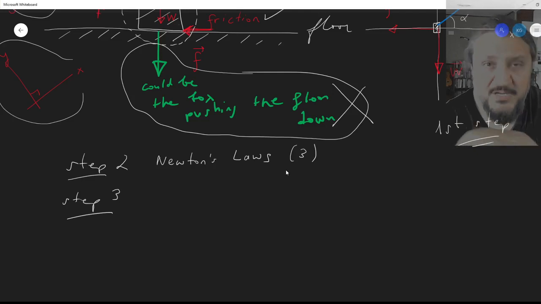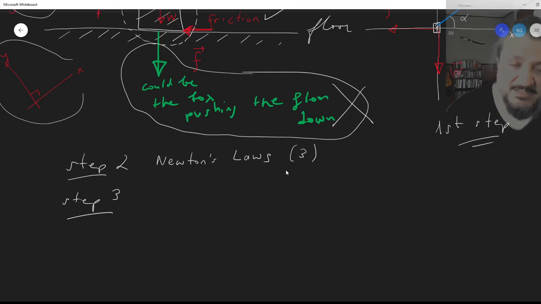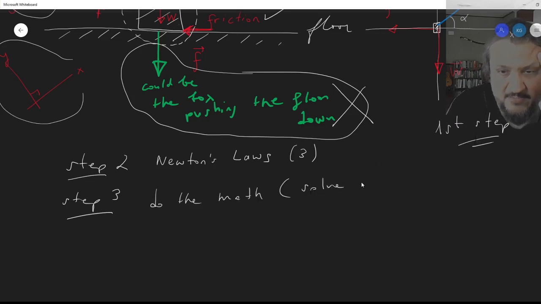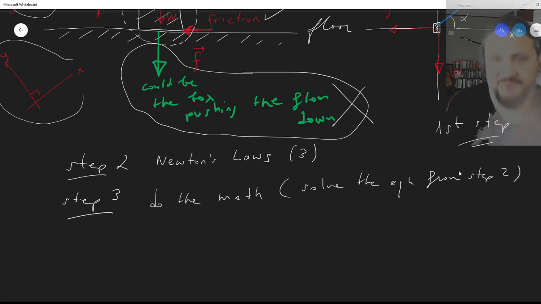What is step 3? Well, if you have an equation, what's next? What's left to do? Solving the equations, right? Do the math. So, do the math, which means solve the equation from step 2. Okay, the 3 steps of solving a physics problem, pretty much.